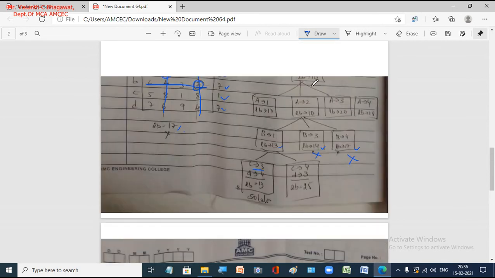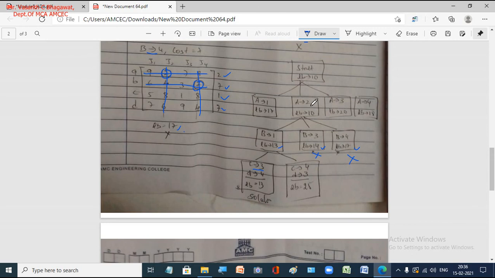You can see from this particular state space tree. Job 2 is assigned to A, right? For person A, one job is completed. For person B, the first job you have assigned. For person C, the third job you have assigned. Now only the fourth person is left. What is the only job left for him? Fourth job. So you are going to assign the fourth job to person D.